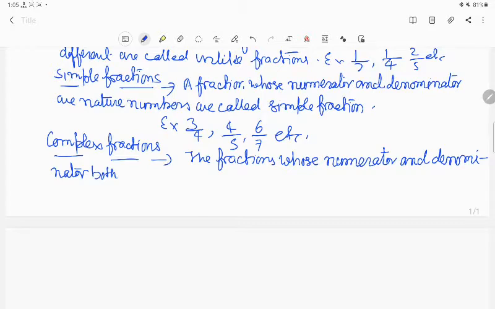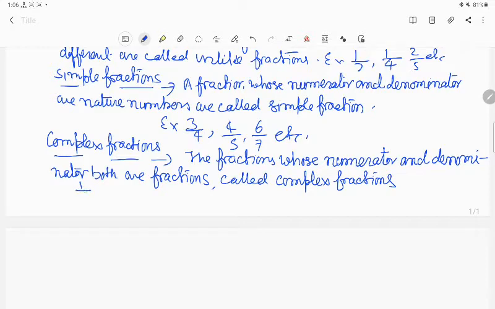Example, 1 upon 2 by 3 upon 4, 2 upon 3 by 3 upon 5.